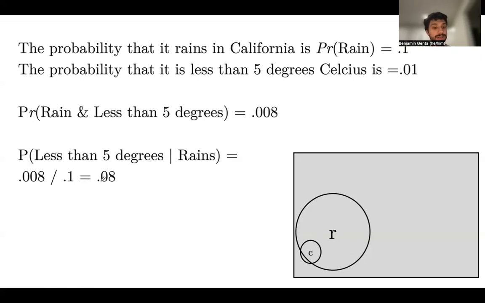It's 8% compared to the probability that it rains and that it's less than 5 degrees, which is 0.8%, right? Because of this new information that it rains. So just to recapitulate, if you know that it's going to rain, then it will give you a much higher degree of belief that it's going to be less than 5 degrees. And these are the sorts of things that conditional probability allows us to do.